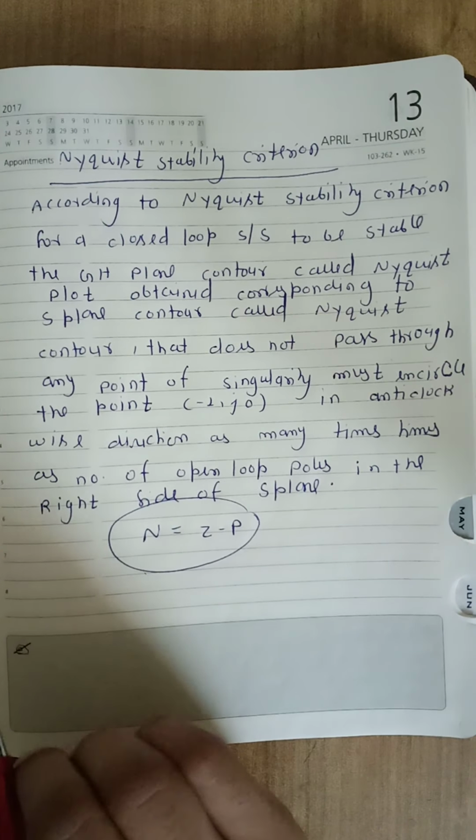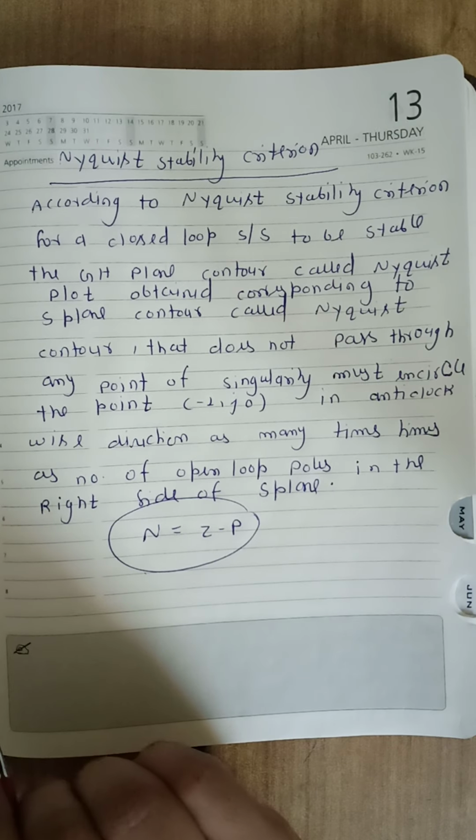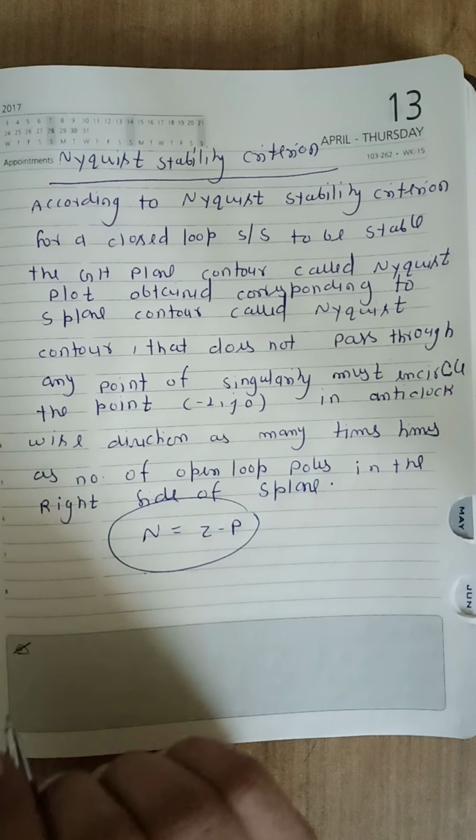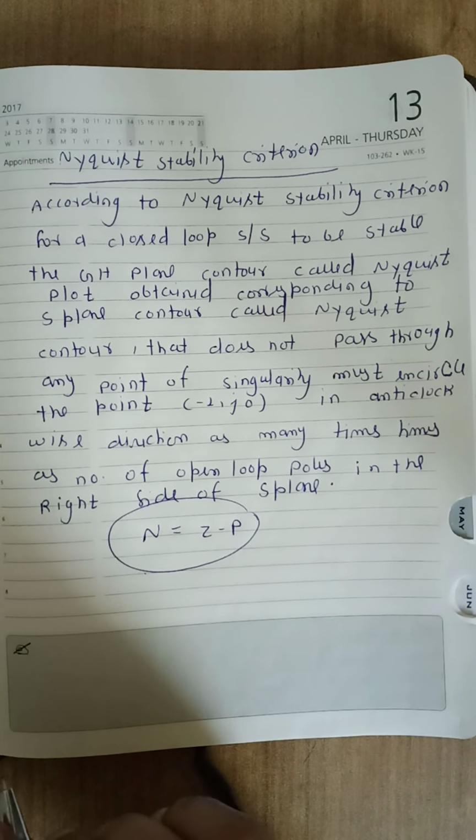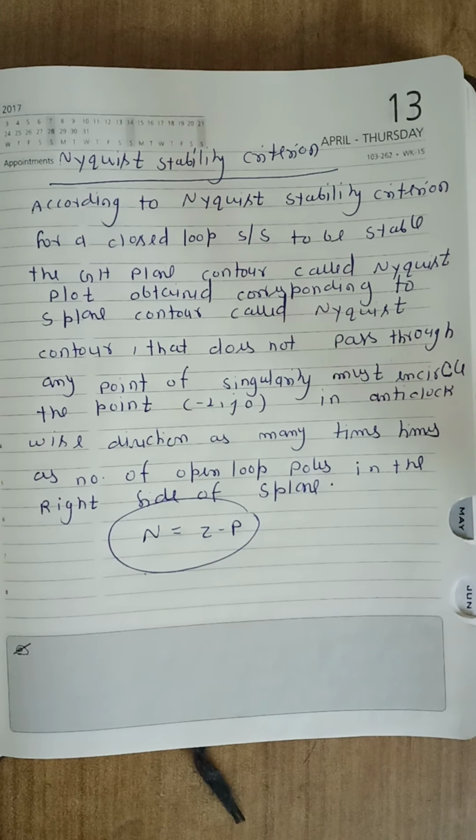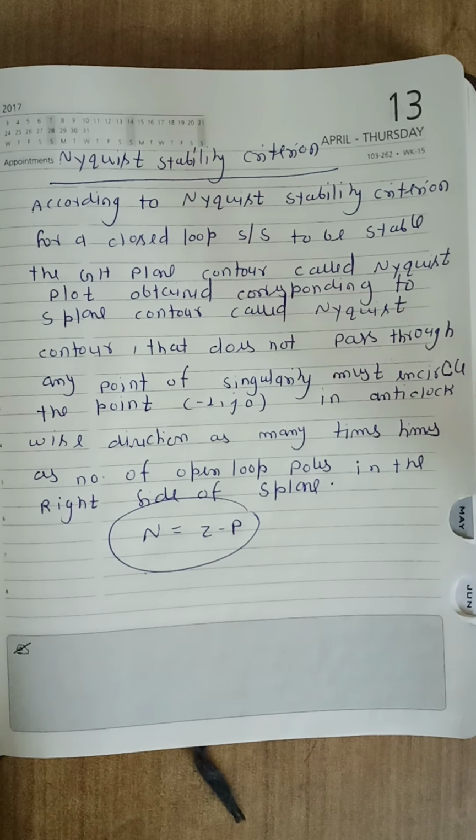So first thing, according to Nyquist stability criteria, we are defining the stability of closed loop system according to Nyquist plot, and we are obtaining Nyquist plot for open loop transfer function with the help of Nyquist contour.